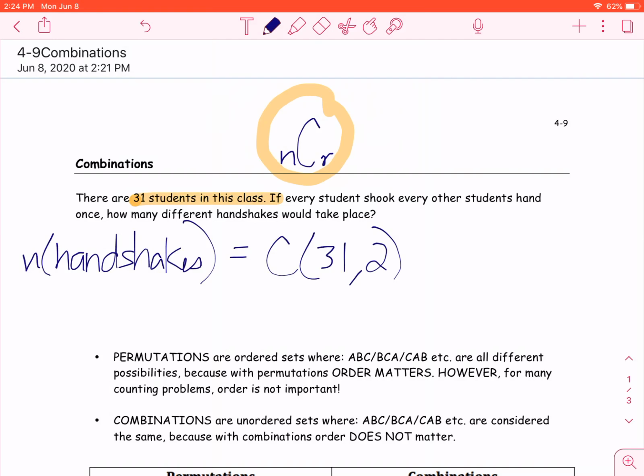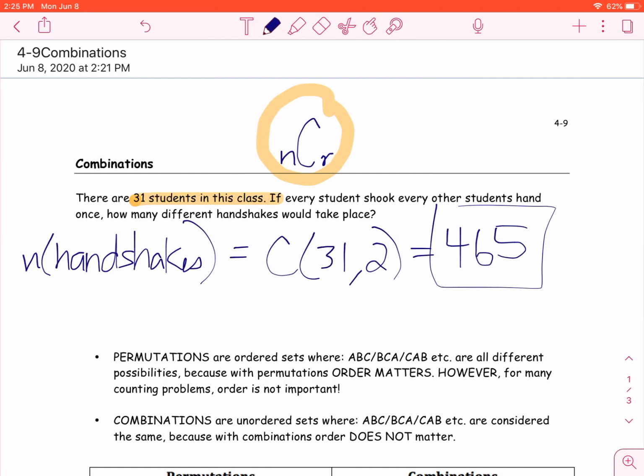In your calculator, you would hit the number 31, shift nCr, 2. Okay, and that will represent how many different handshake combinations there would be in our classroom.